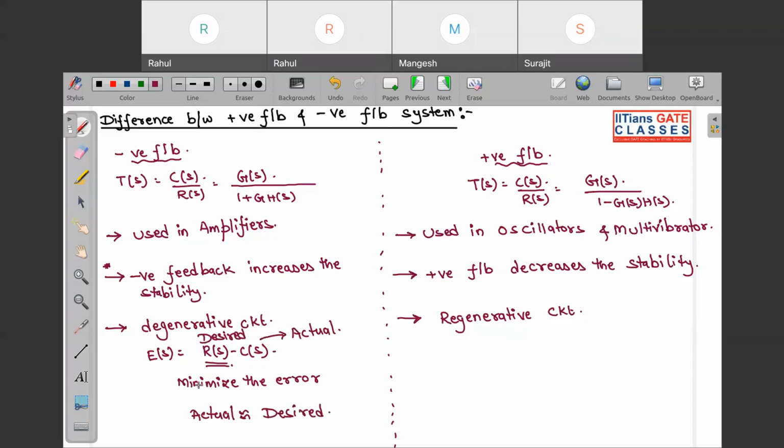Your main aim is to minimize the error, or basically subtract the error. But in your positive feedback, E(s) is equal to R(s) plus C(s). So here basically you are trying to maximize the error, or regenerate the error.